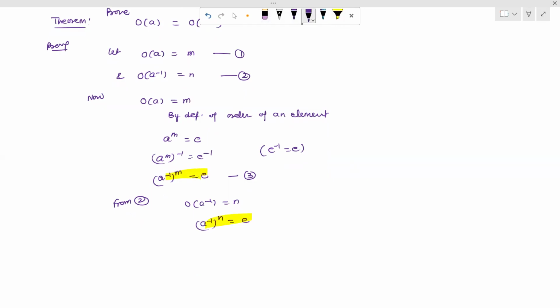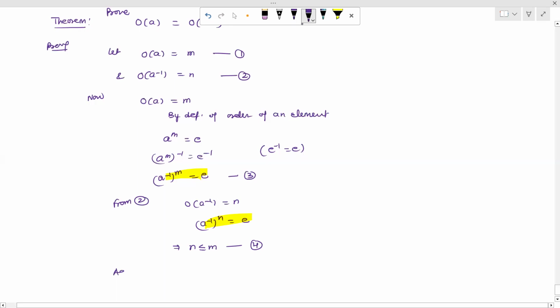So we can say that the values of M and N are not equal, and N may be less than or equal to M. So N is less than or equal to M. This is our equation number 4.